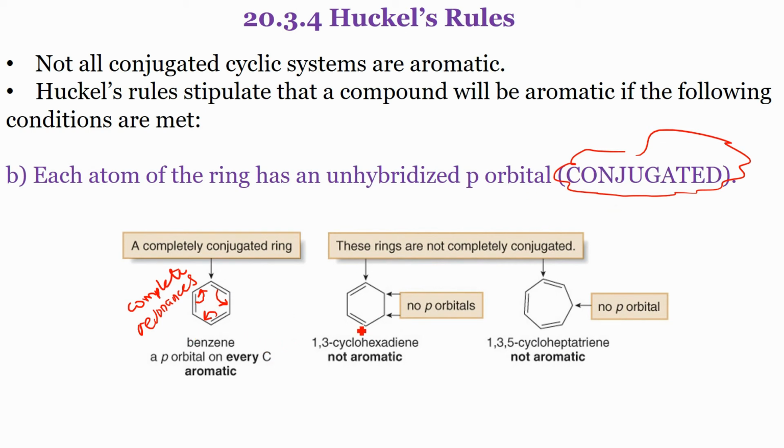This one is not conjugated because I cannot push this double bond here. There's no pi bond to give way. So this one is not fully conjugated. It's partially conjugated because I can push this one here and stop there. There's no way I can go further.